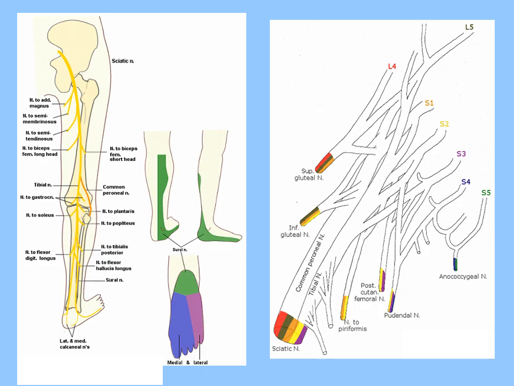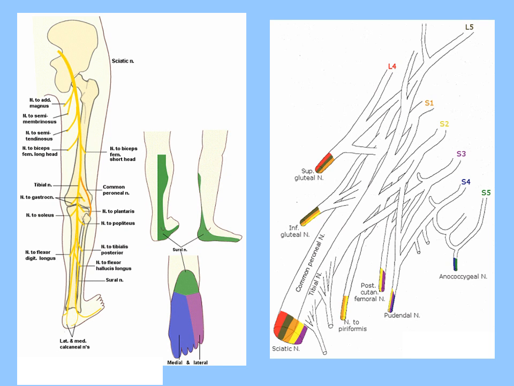The sciatic nerve splits about 3 to 4 inches above the hinge of the knee, or above the tibiofemoral joint. It is there that it splits into common peroneal and continues posteriorly as tibial.